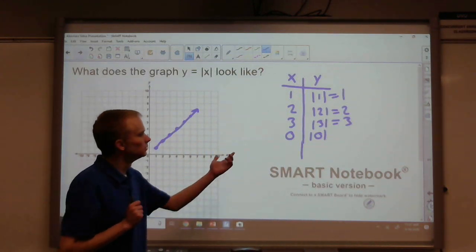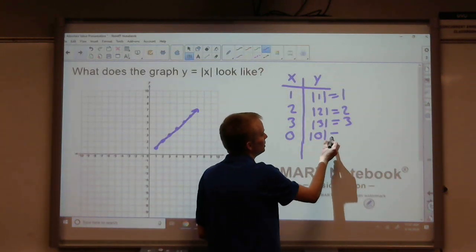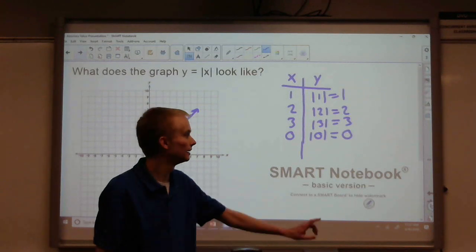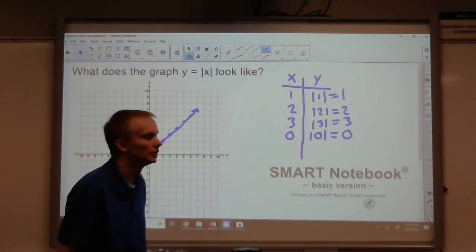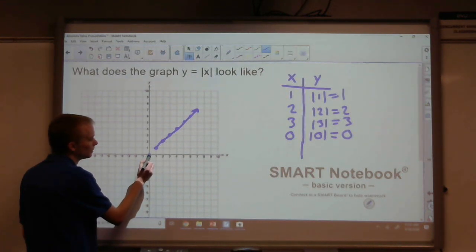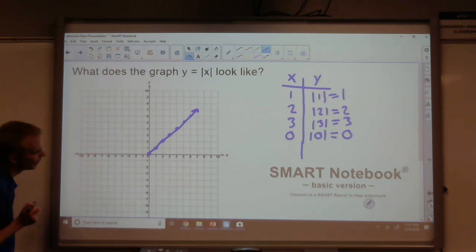Well, 0 is really neither positive or negative, so we just say the absolute value of 0 is still just 0, okay? It doesn't have a negative in front, so it just keeps it as 0. So I'm going to be at the point 0, 0 here. So it looks like I keep going, okay?